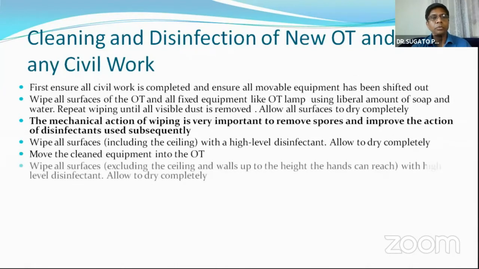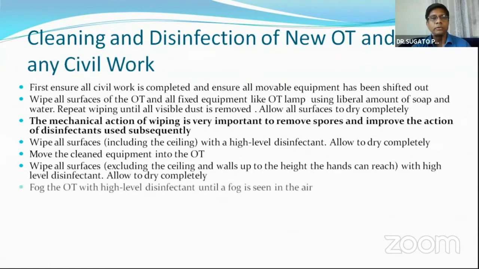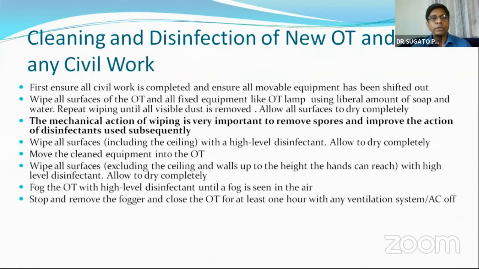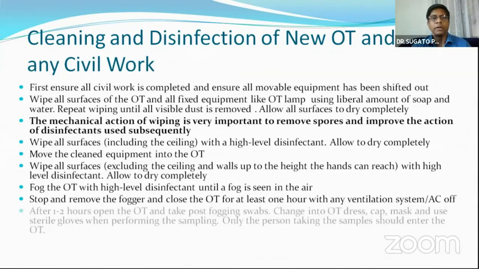Then wipe the OT again with the high level disinfectant, and then the OT is ready for fogging. I'll be discussing fogging later on if time permits. Once the fogging is completed, swab sampling has to be taken.